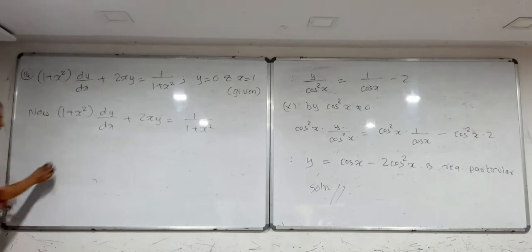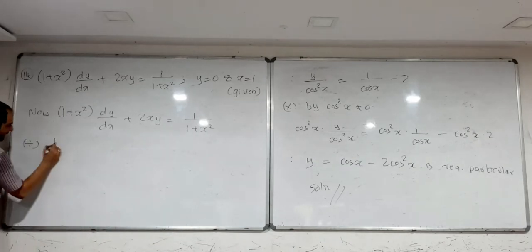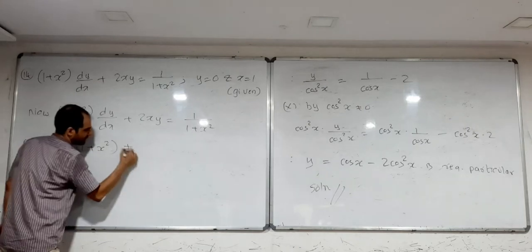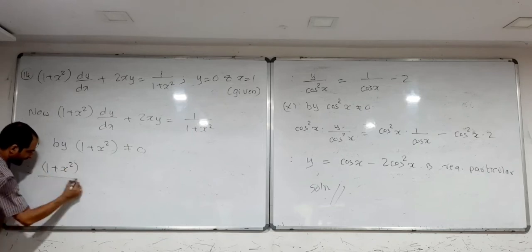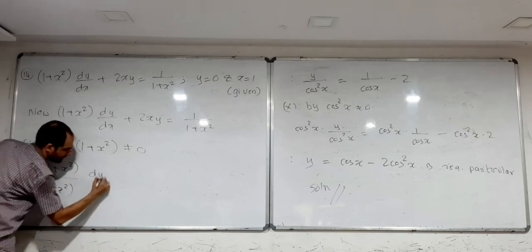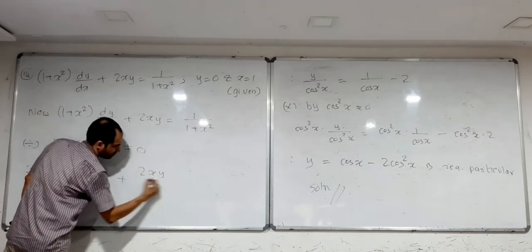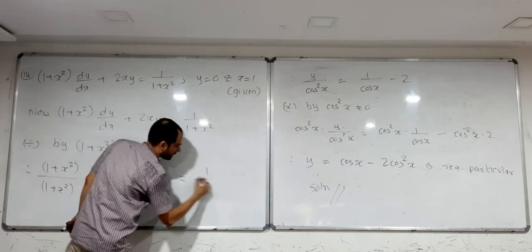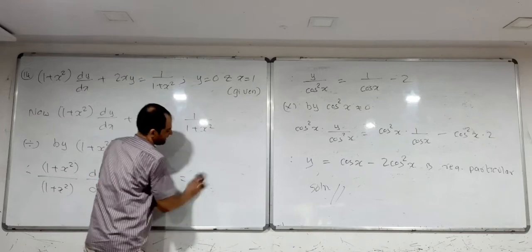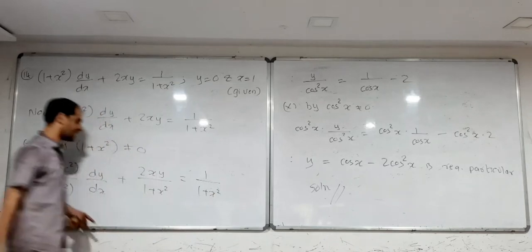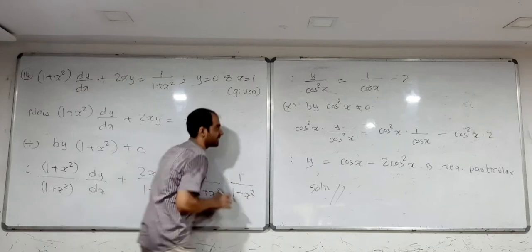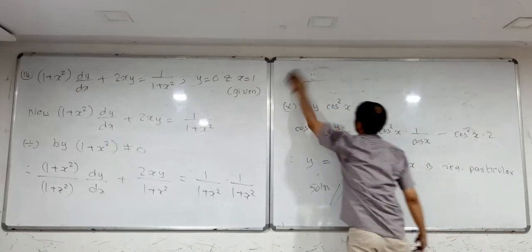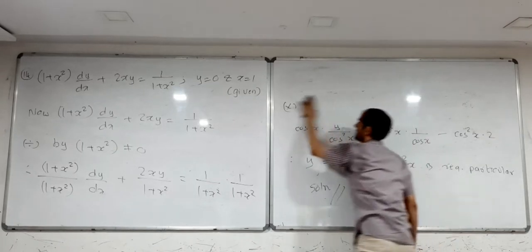We will divide by 1 plus x square, which is not equal to 0. Directly you could write dy by dx plus 2x upon 1 plus x square y is equal to 1 upon 1 plus x square the whole square. You can skip this step. Since we are dividing, I first wrote 1 upon 1 plus x square, then wrote 1 upon 1 plus x square. Now what does dy by dx come to? See for yourself.